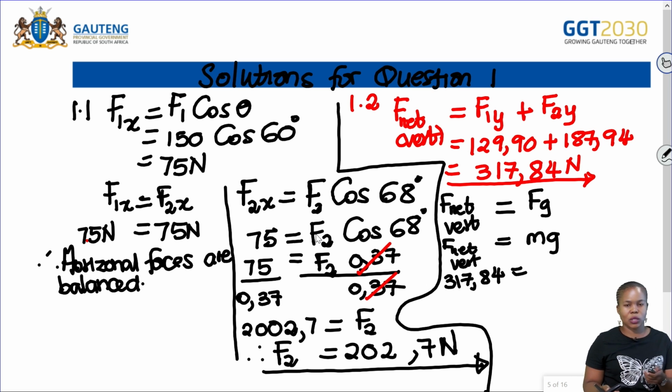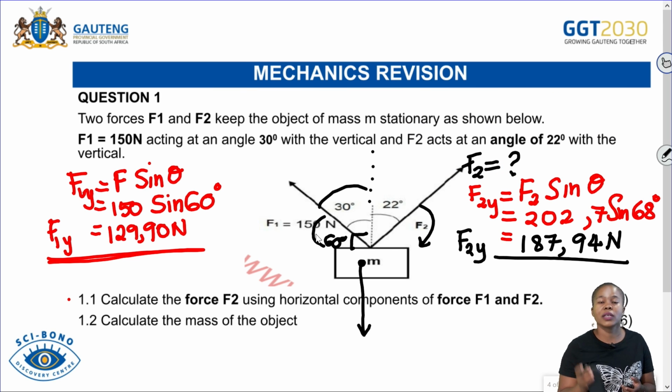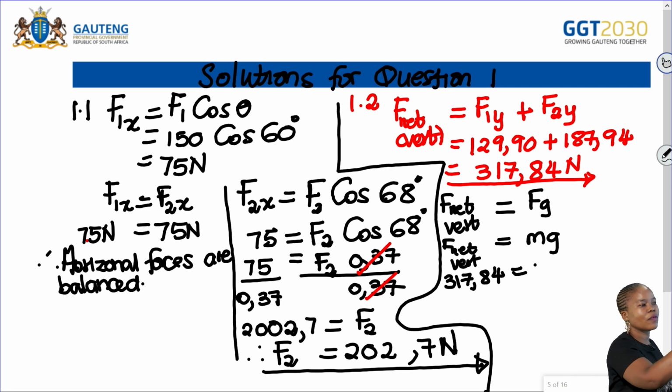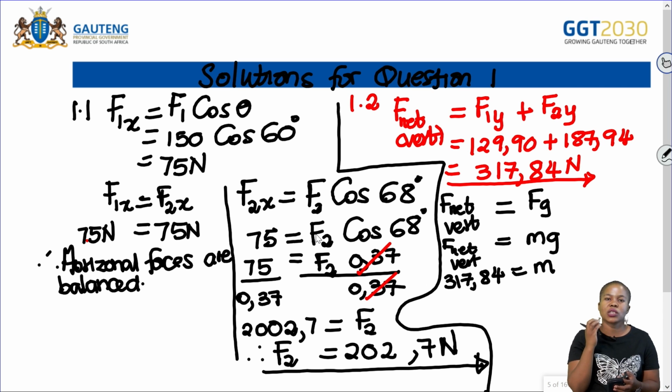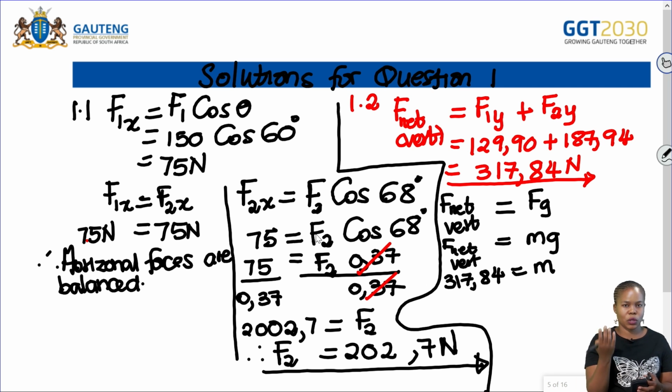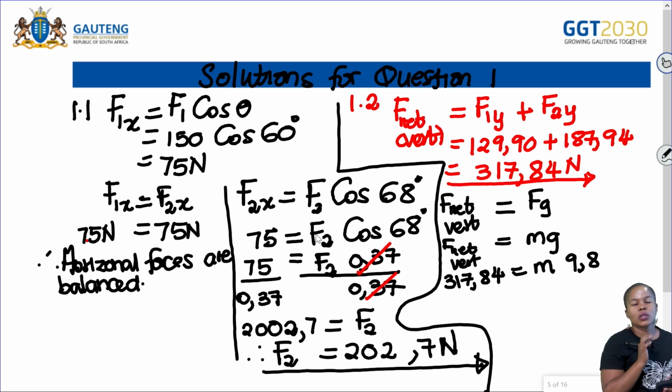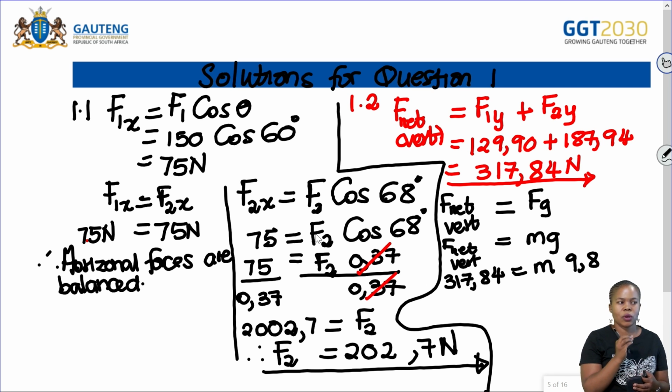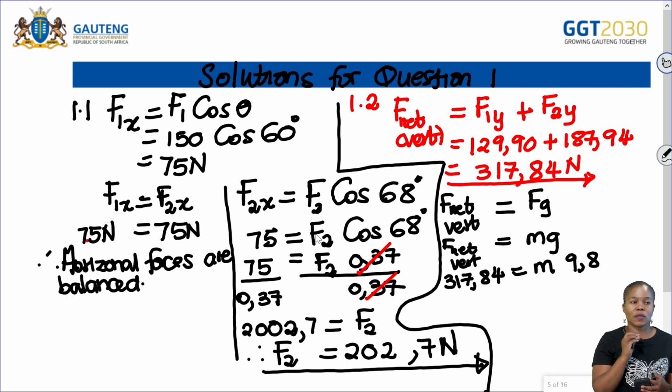So what is the mass of the specific object? We are not told. It is what we are trying to find out, so we keep it as it is. However, we do know the gravitational acceleration, 9.8. So now we are left with our unknown, the mass of the object.